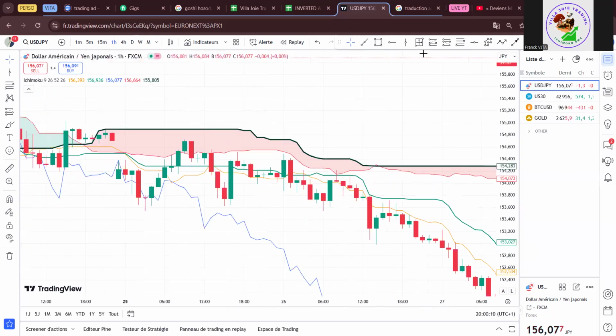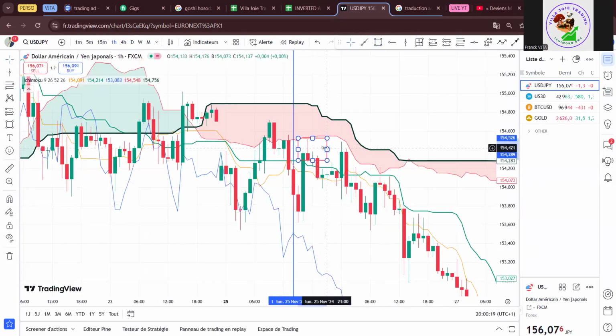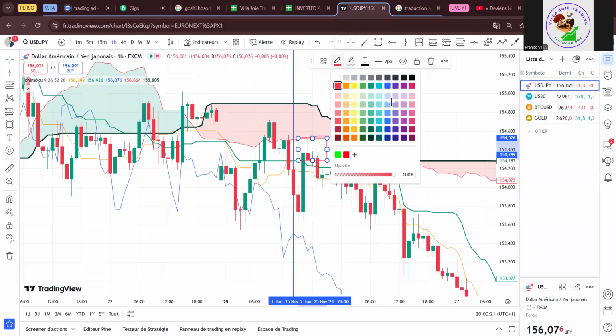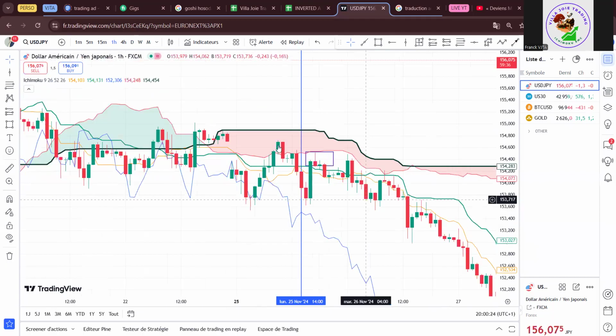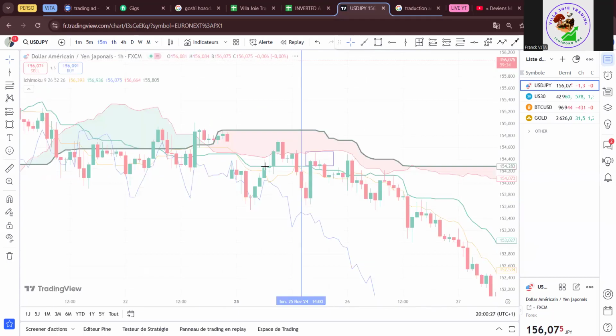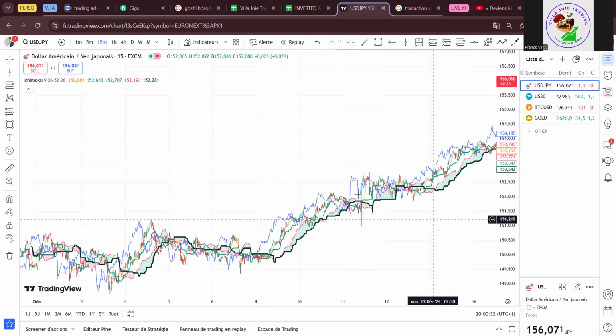In 1 hour, what do we see? Let me put the rectangle, the crossing. I want to see just this part. We see that we have a Kijun setup. Is that not a Kijun setup? This is a Kijun setup in 1 hour, right? That is what makes you believe that the setup in 15 minutes is just an inverted SSA that is about to play out.